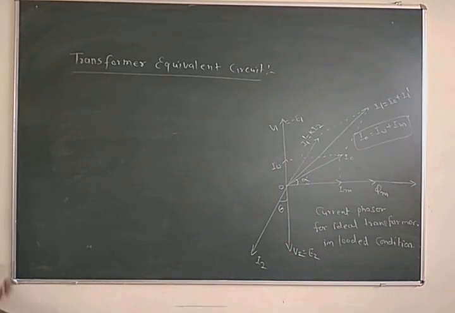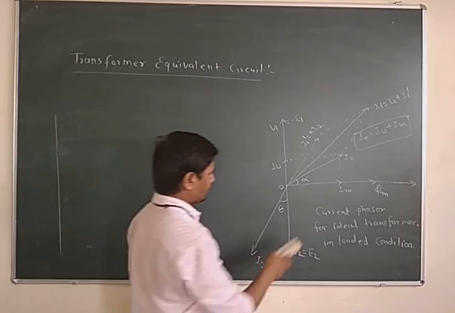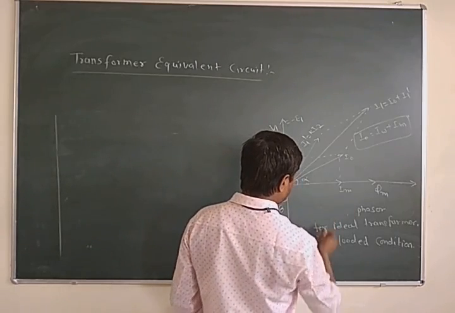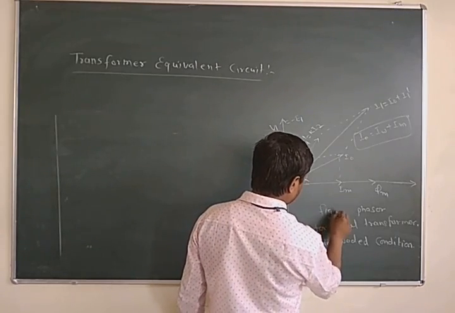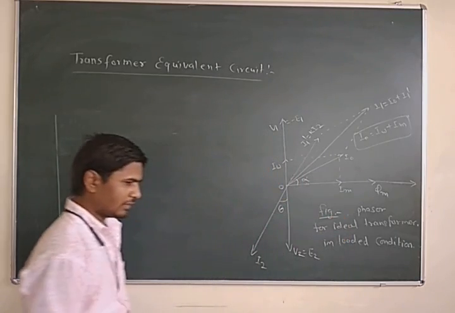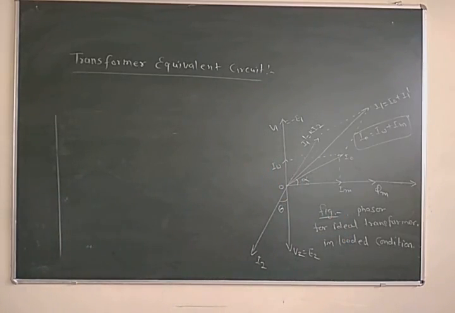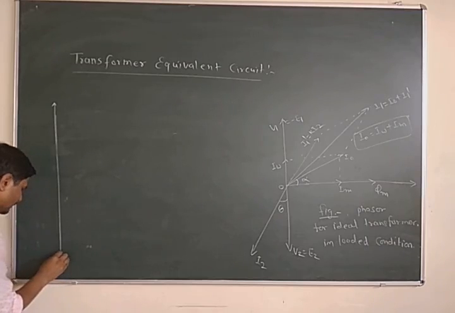Similarly, we can also draw the phasor diagram for a practical transformer. We know that in a practical transformer, we assume winding resistance, losses in the core, and some leakage flux.